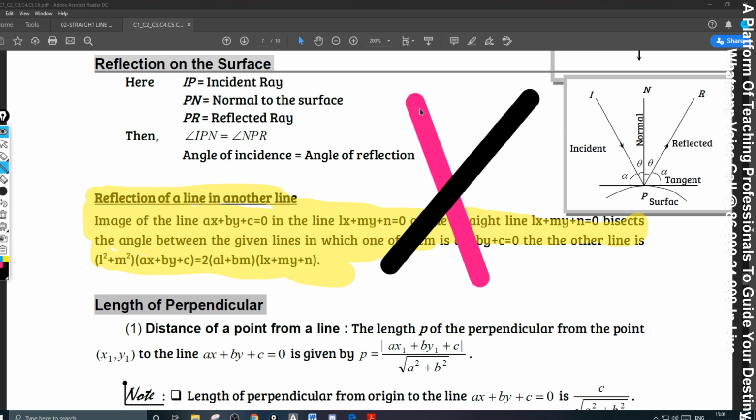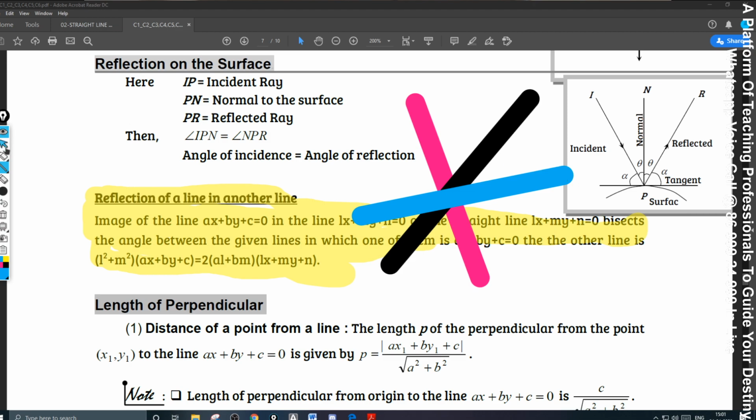Now, the image of this colored line in the black line is to be found out. That means this is the image.